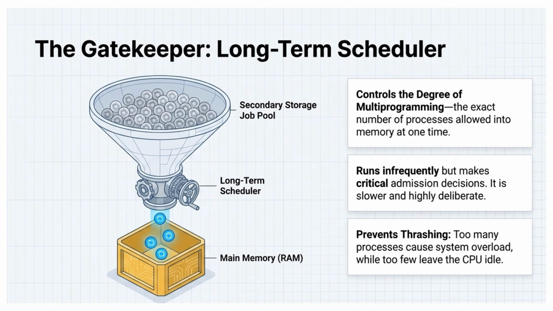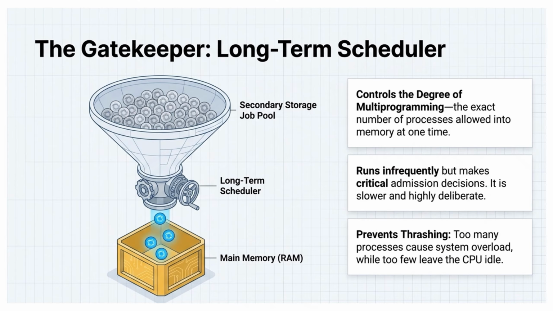Let's begin with the long-term scheduler, also known as the job scheduler. The main responsibility of the long-term scheduler is to decide which new processes should be admitted into the system. When users submit programs for execution, those programs first remain in secondary storage, such as a hard disk or SSD.